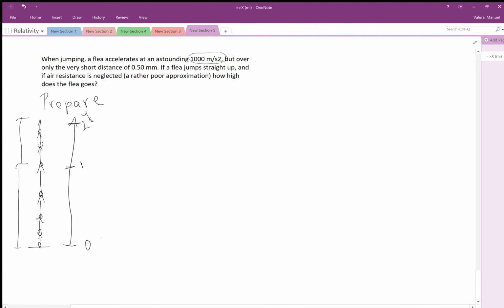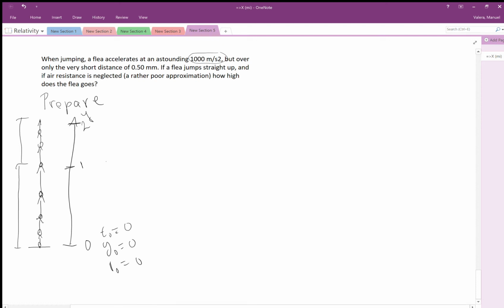So the time 0 is always going to be 0 because we can always set our stopwatch at that time. Then y0 is going to be 0, and v0, the initial velocity, is going to be 0 because it starts from rest, right?